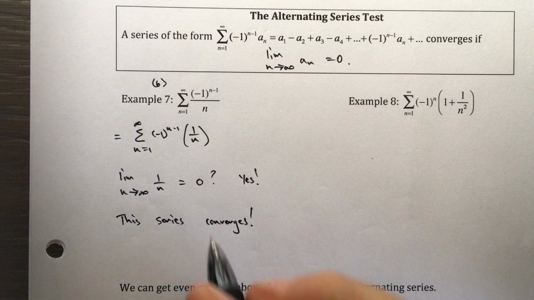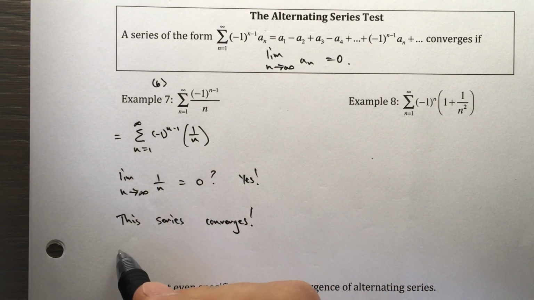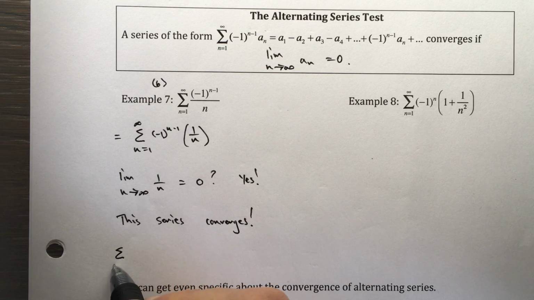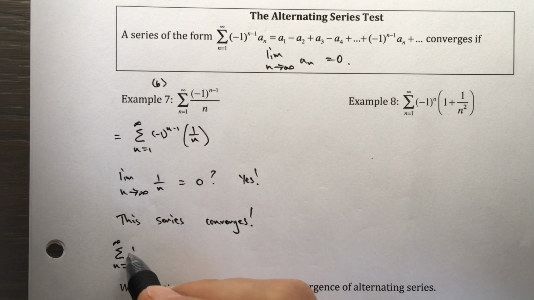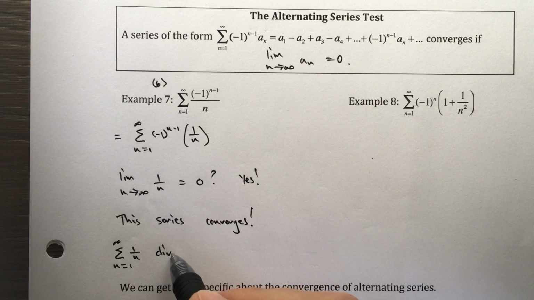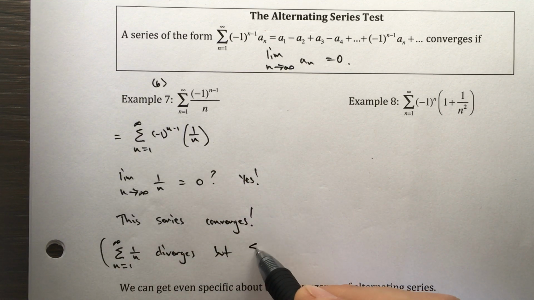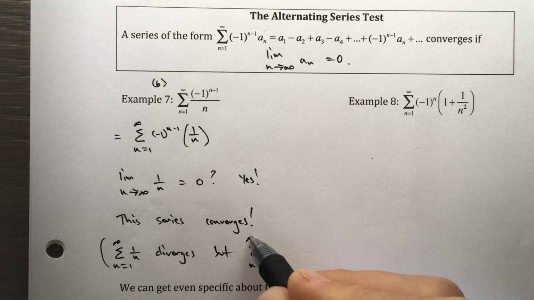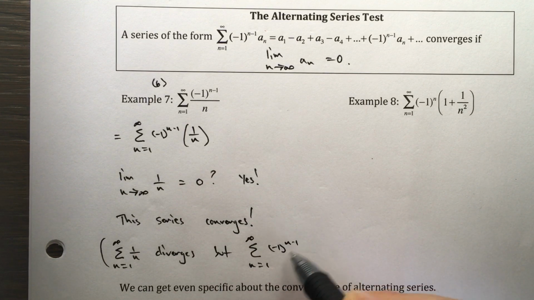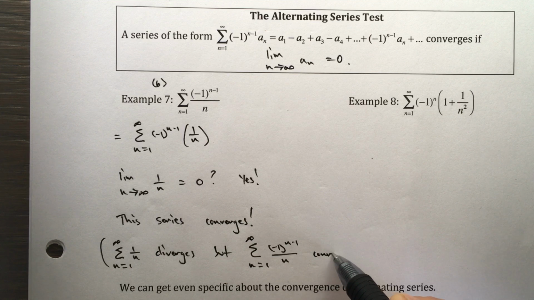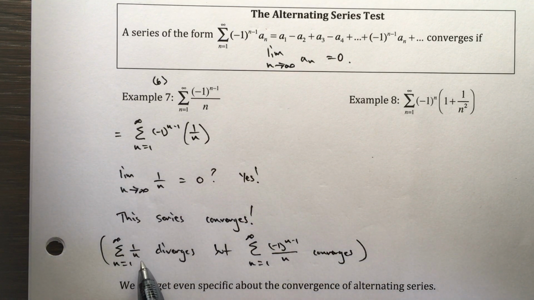Now, let's remember that this diverges, but this converges. So this is the harmonic series, and it's a divergent p series with p equal to 1. But this is a convergent alternating series.